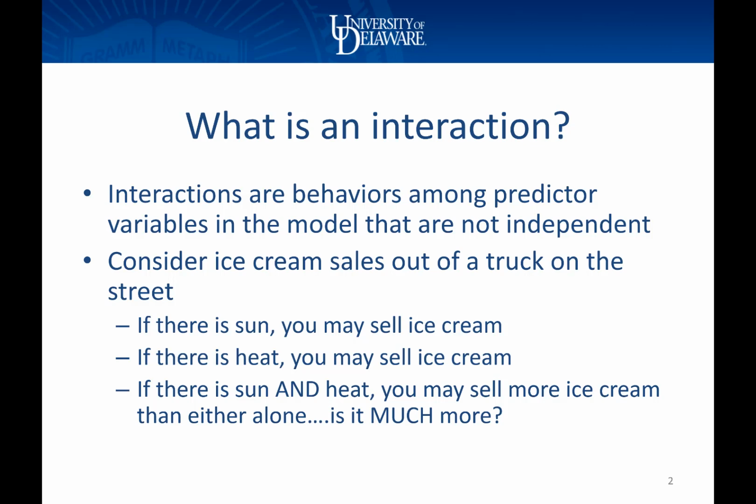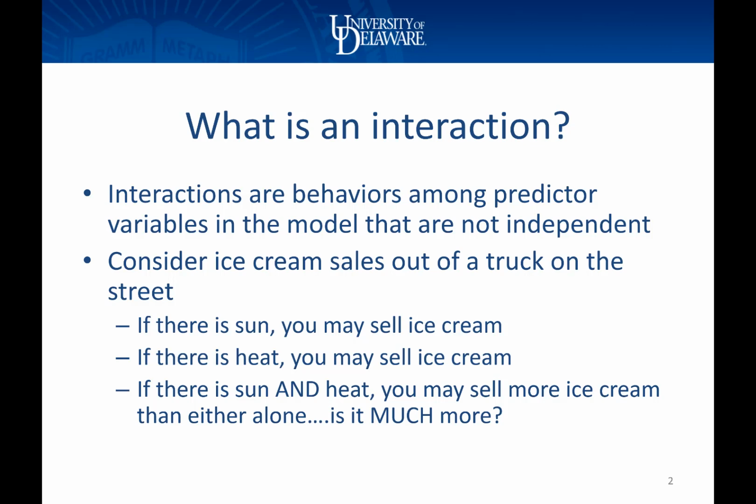A linear regression model would take those two amounts and add them together when you have sun and heat. But the truth is, when you have sun and heat together, there's just some magic that amplifies the amount of ice cream that you're going to sell. So maybe instead of 30 plus 40 equals 70 ice cream cones, maybe you sell 200 ice cream cones. It's way more than you would sell just adding the sun and heat amounts together.